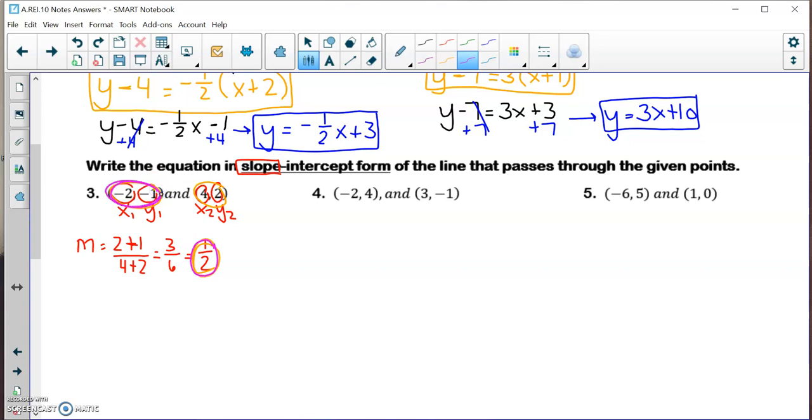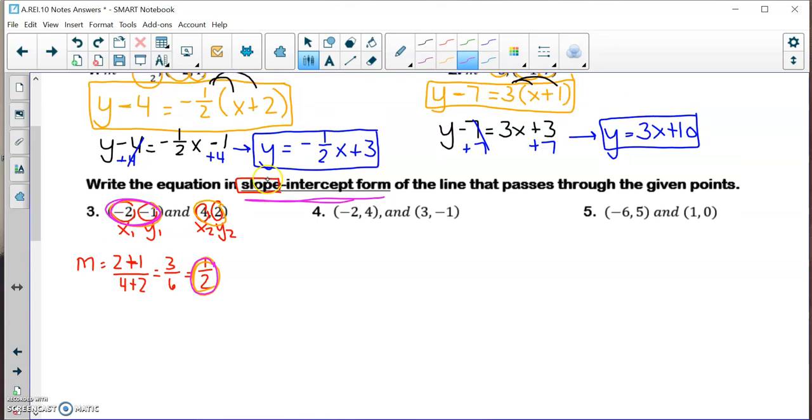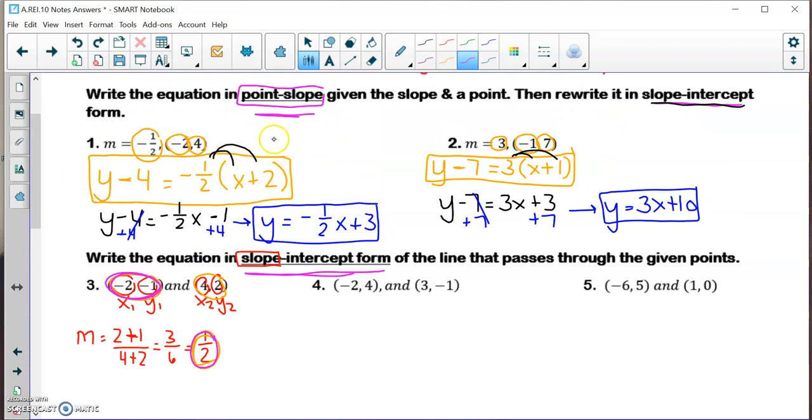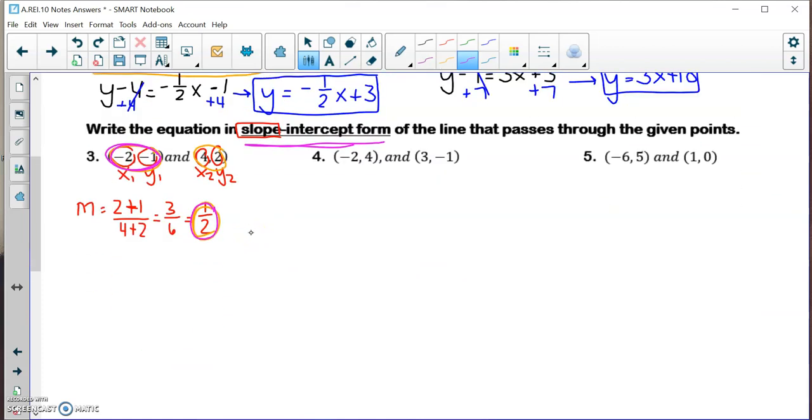And I'm going to write my equation in point-slope form, even though they didn't ask me to. But in numbers 1 and 2, once we were able to have our equation in point-slope form, we could easily transfer it into slope-intercept form by just isolating y. So that's what we're going to do in numbers 3 through 5.